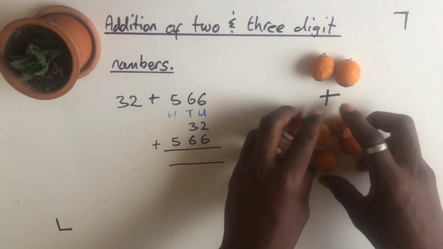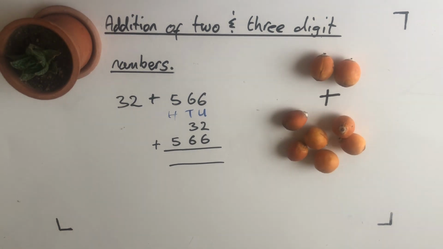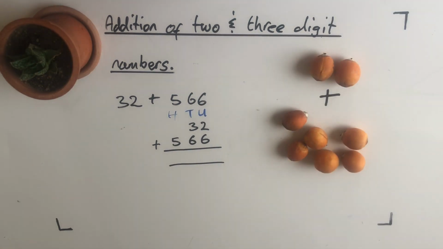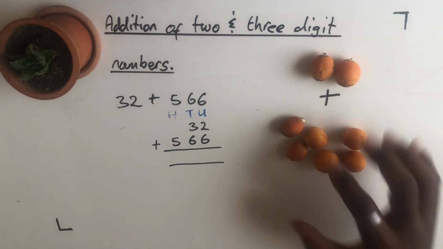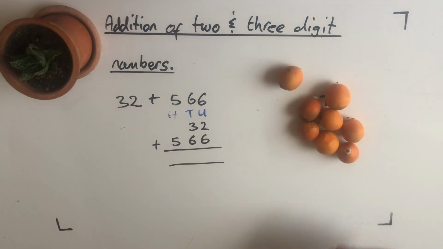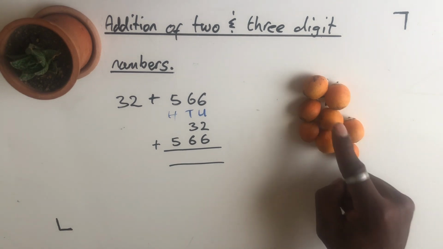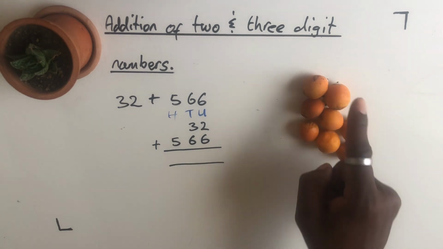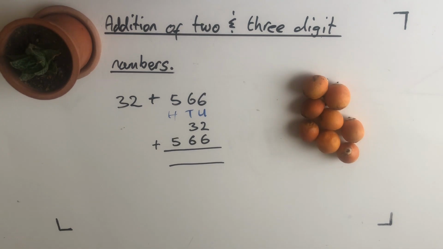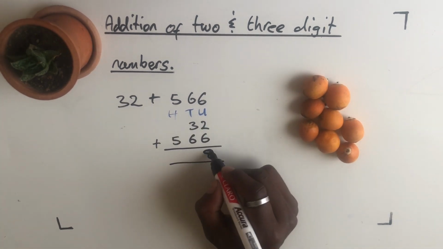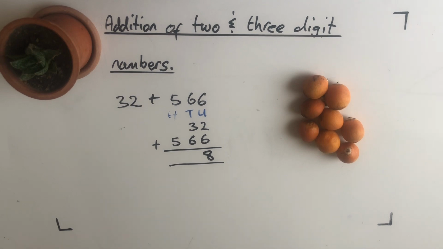Okay, so when I put these together, I have 1, 2, 3, 4, 5, 6, 7, 8. So my answer here for the units is 8. Okay?